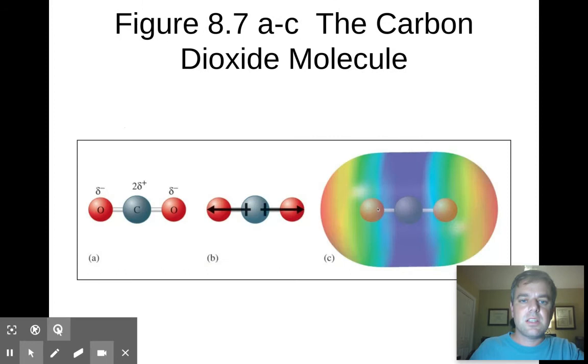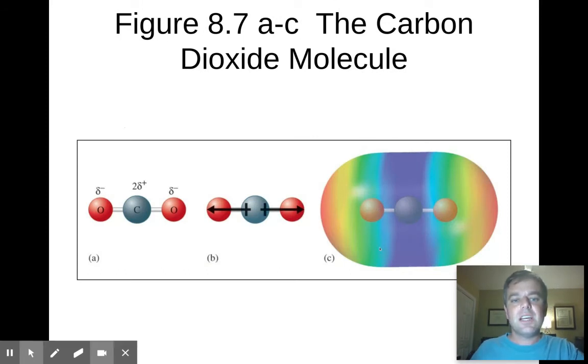So let's take a look at carbon dioxide. This is an interesting one. The carbon oxygen bond is polar. Oxygen is more electronegative than carbon. However, since this molecule is linear, you'll notice that these two dipoles cancel each other out. So we have polar bonds, but the molecule itself is nonpolar.